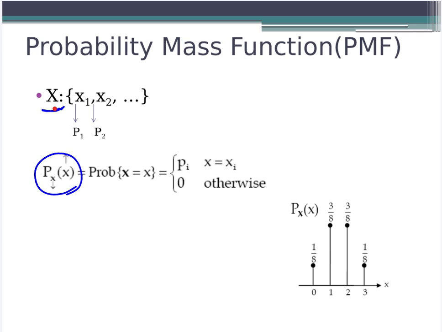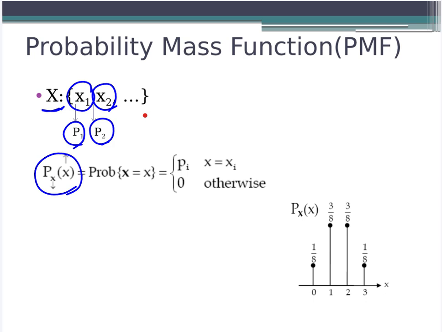X takes the values x1, x2, and so on. The PMF specifies that this random variable takes the value x1 with the probability p1, x2 with the probability p2, and so on.